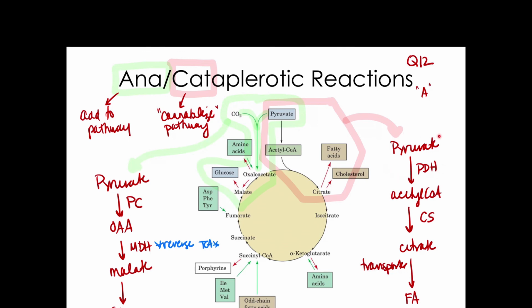We do have a transporter out of the mitochondrion for citrate, and if you have citrate that accumulates in the cytosol, that is a signal for fatty acid synthesis. We'll get into the details of that in a few chapters, but highlighting that it represents a cataplerotic reaction of the citric acid cycle.